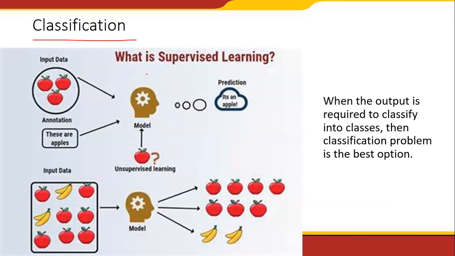What is classification? We are classifying different kinds of things. We are trying to tell that something in here is like this. For example, in this image, we have a lot of apples given. We specifically told the model these are apples.